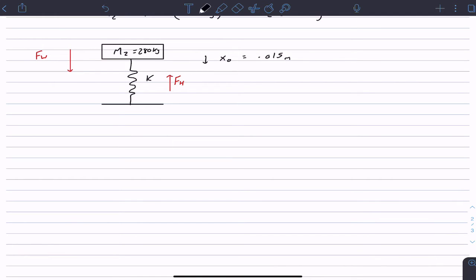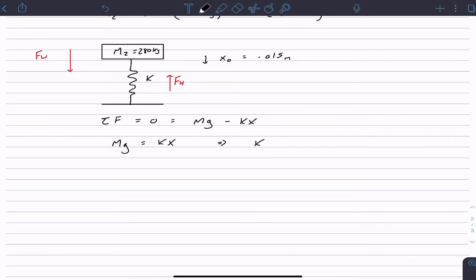So that means we have a force pushing up and a force pushing down, because we know gravity is acting on this system, and we know that the spring force is pushing up. So that means nothing is happening, but we do have a balance of forces where we have mg and then we have minus kx, right? So then we say mg is equal to kx. And now we can find our spring constant.